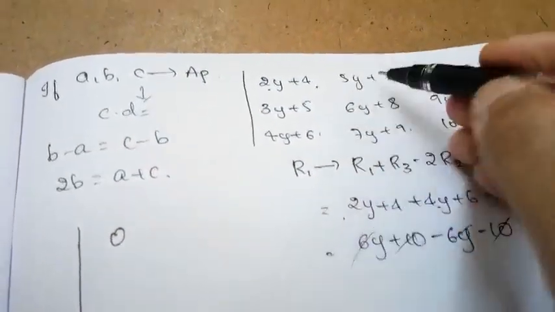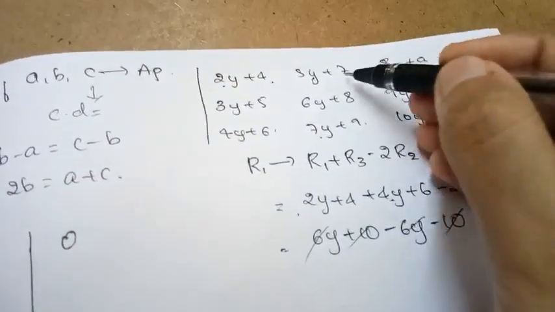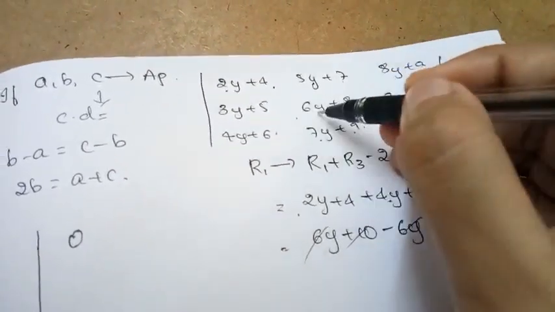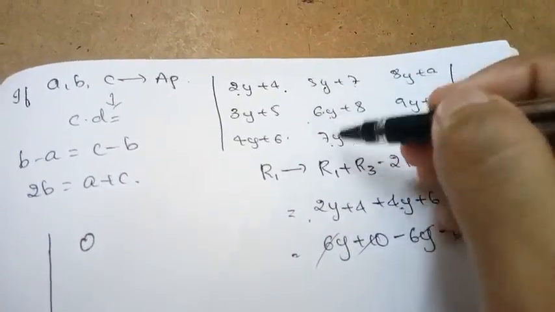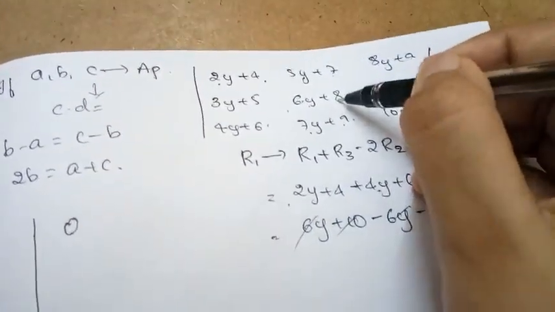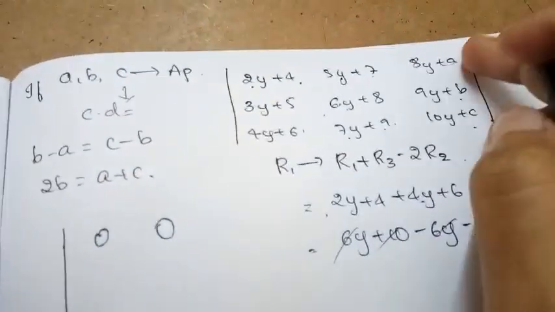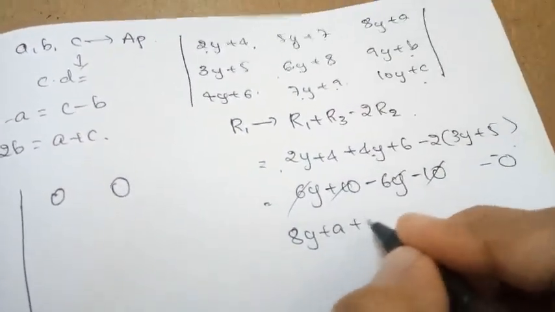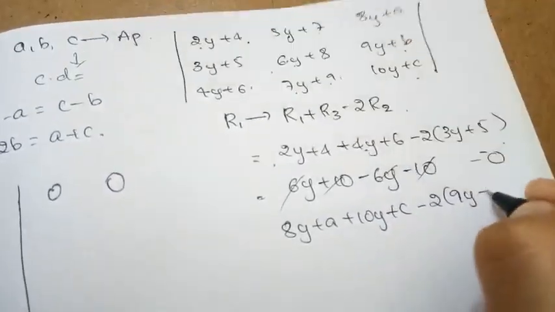Even you can do it for here also. 5y plus 7y, it is nothing but 12y, 7 plus 9, it is nothing but 16, minus 2 times of this one, minus 2 into 6, minus 12, plus 12 minus 12 cancels, minus 2 into 8, minus 16, plus 16 minus 16 cancels, which is nothing but 0. Now for the third one, again here 8y plus a plus 10y plus c minus 2 times 9y plus b.